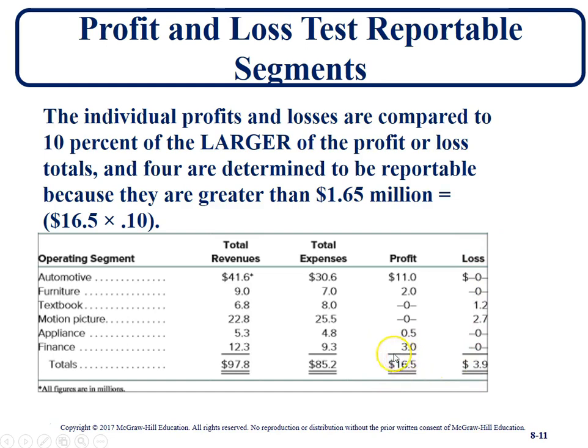So we're going to use the profit of 16.5 because that's a larger number. We're not considering the pluses or the minuses here. If we take 10% of that, that's 1.65 million. So we're looking at anything that is greater than 1.65 million.